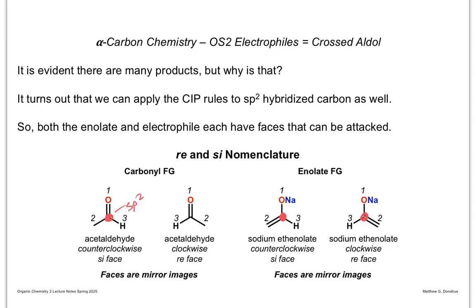You can get the Re and Si faces. So chemically, what is that telling you? One face of the enolate can attack one face of the carbonyl. And since each has two different faces, you get the combinations of those, unless you can control that somehow.